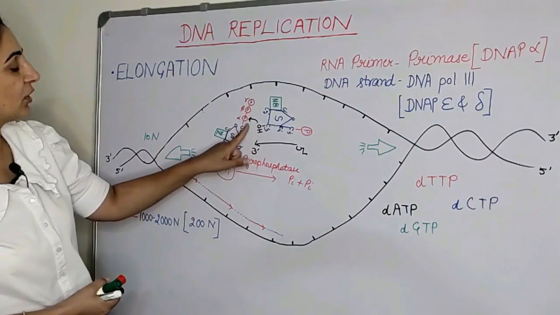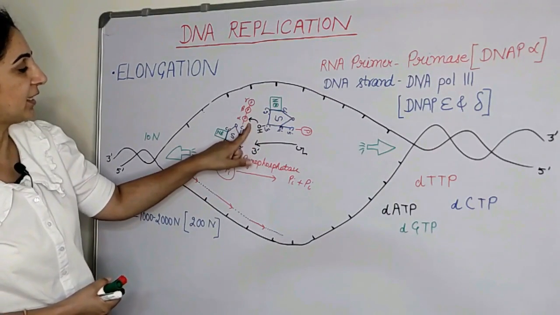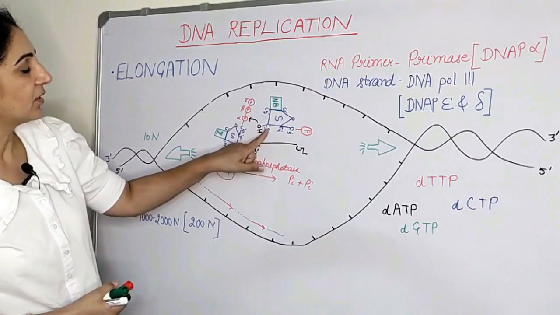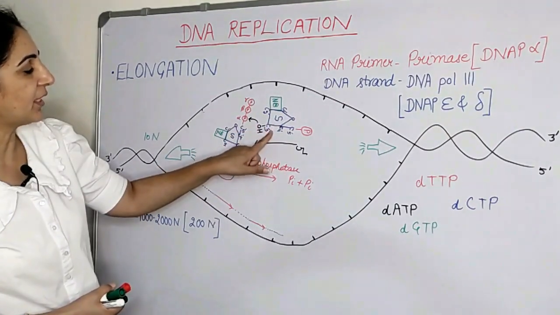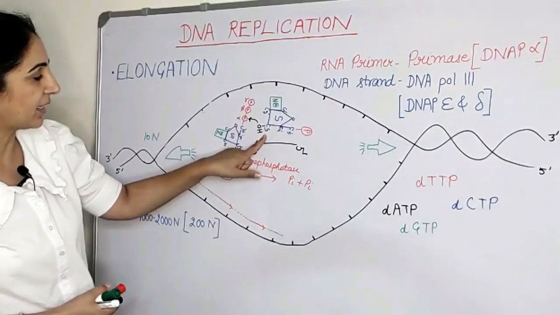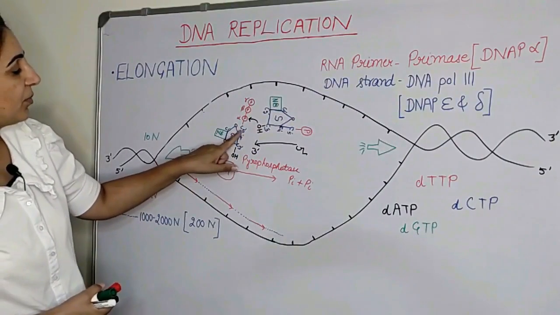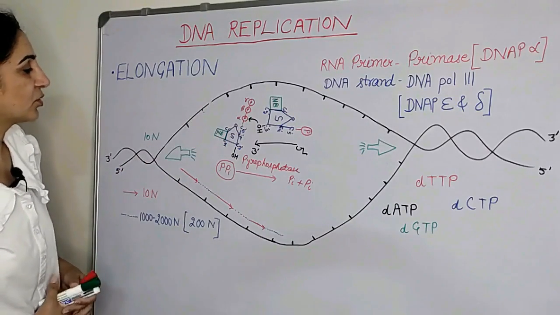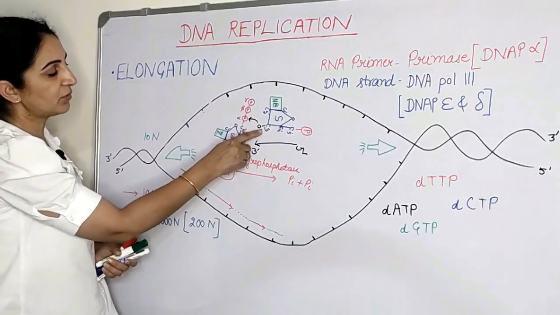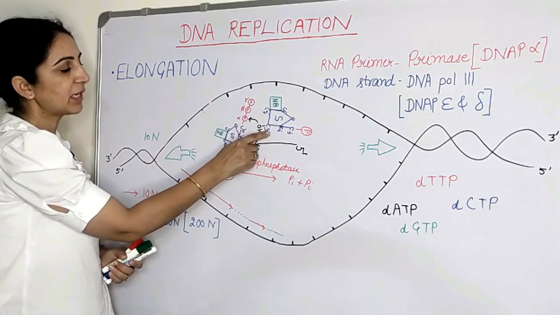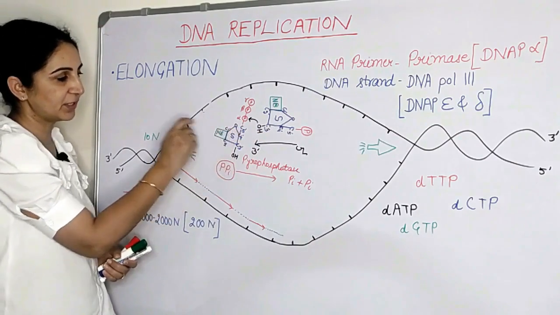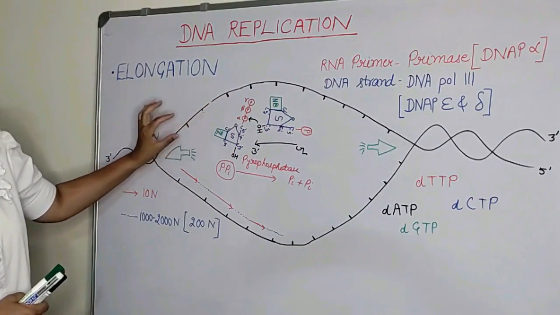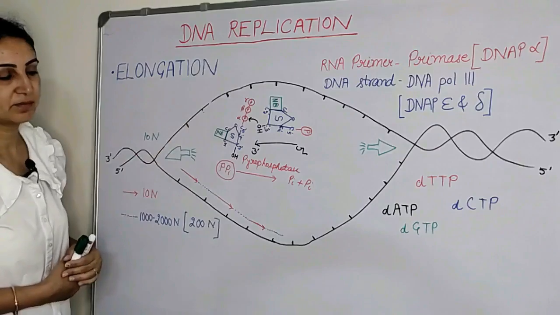This energy is utilized in the formation of the phosphodiester bond between the carbon number 3 of the sugar subunit of the pre-existing nucleotide and the carbon number 5 of the next nucleotide. So we form a phosphodiester bond between carbon number 3 and carbon number 5 here. So this is how you get a chain of nucleotides on the other side.